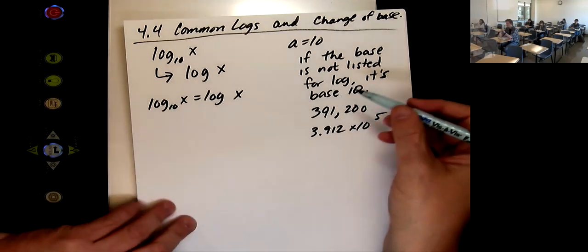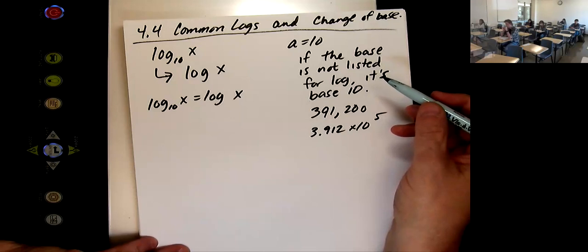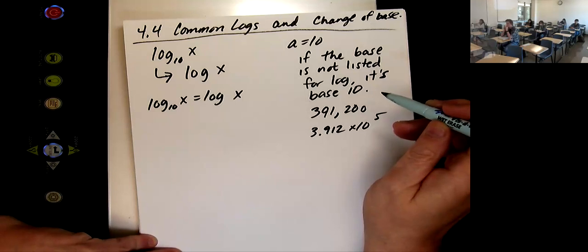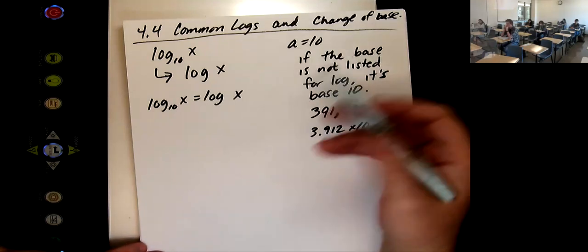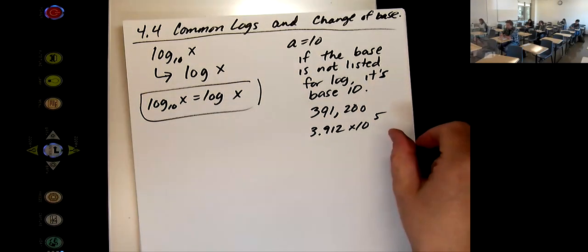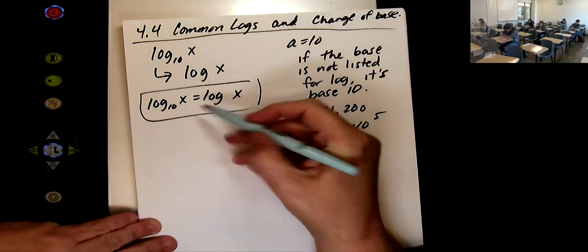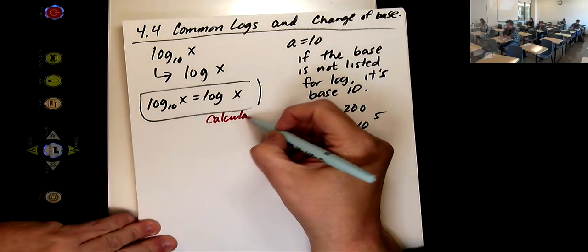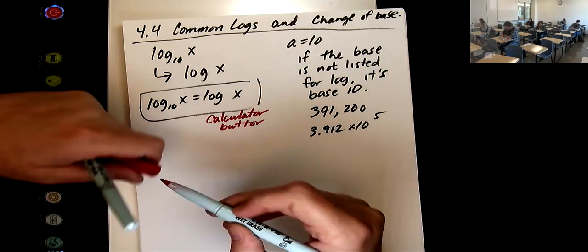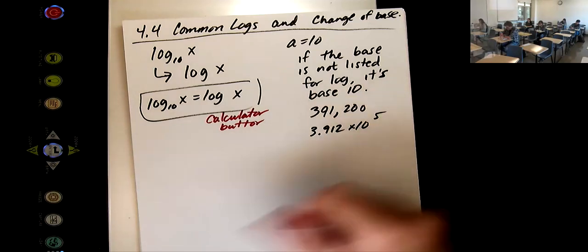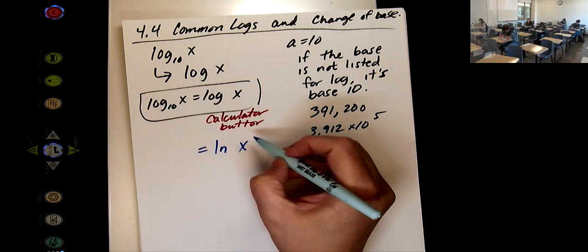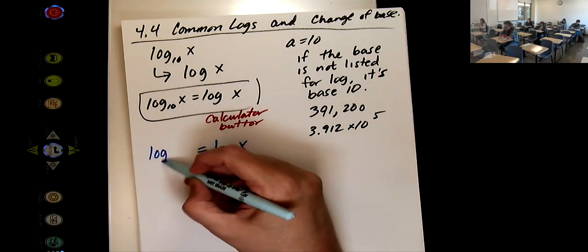The problem with log graphs is very rarely are they labeled really well as log graphs, and you have to think about what it means. So this is a common base, and this is a calculator button. The other calculator button is ln x, and it means log base e.